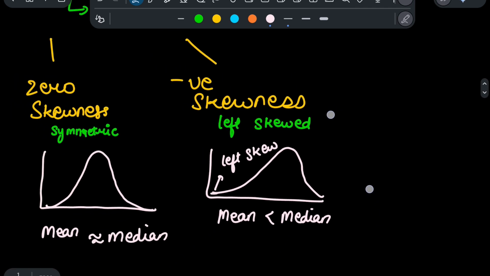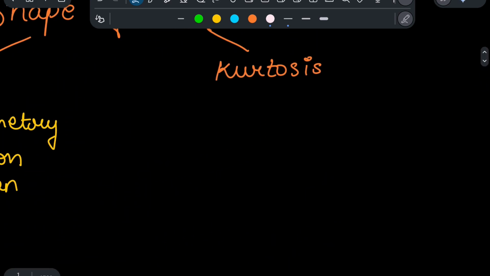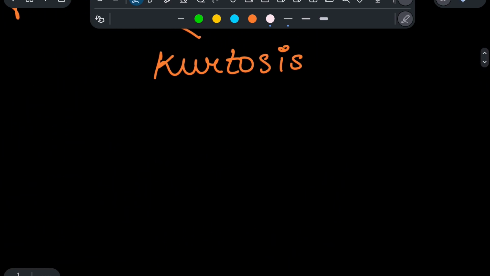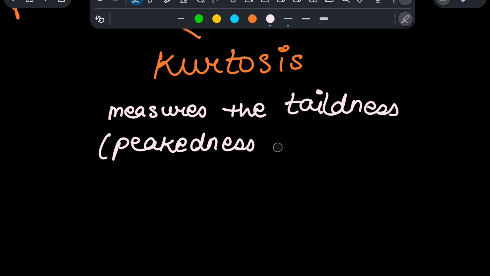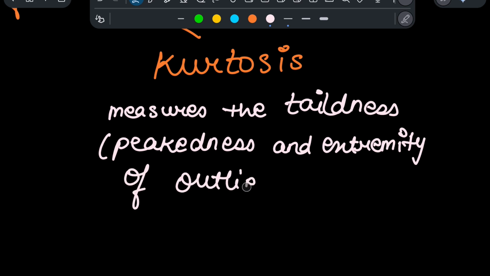So talking about our next shape of data, which is the kurtosis. Kurtosis measures the tailedness, or we can also say the peakedness of the distribution, and the extremity of outliers.